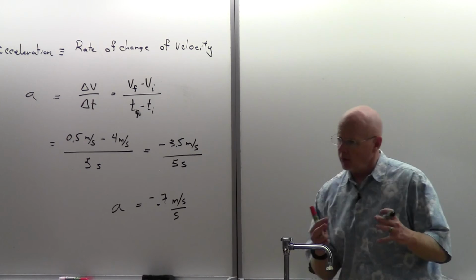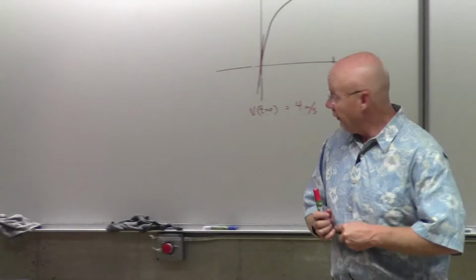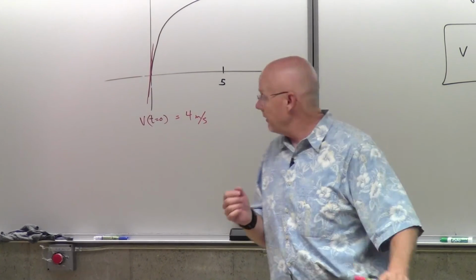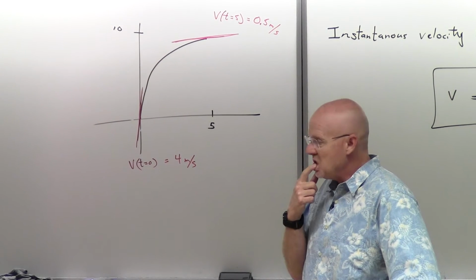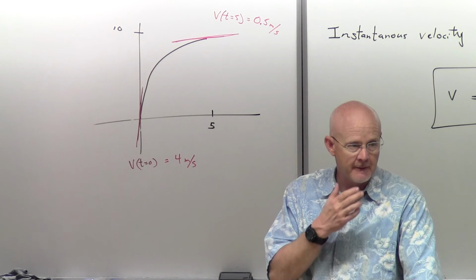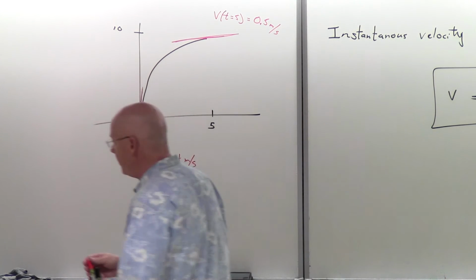But again, there's quite a bit of interesting discussion here that we should have. First of all, I'll start off with the same discussion we had for velocity. Does that mean I change my speed the same amount all the way through? No. What have I really then solved for here?